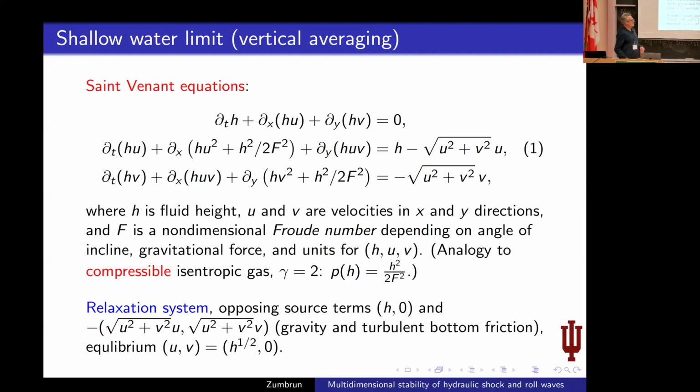No, this is part of the modeling, the asymptotics to shallow water. It's basically the Chezy turbulent friction: the turbulent friction should oppose your direction of motion and be proportional to velocity squared.